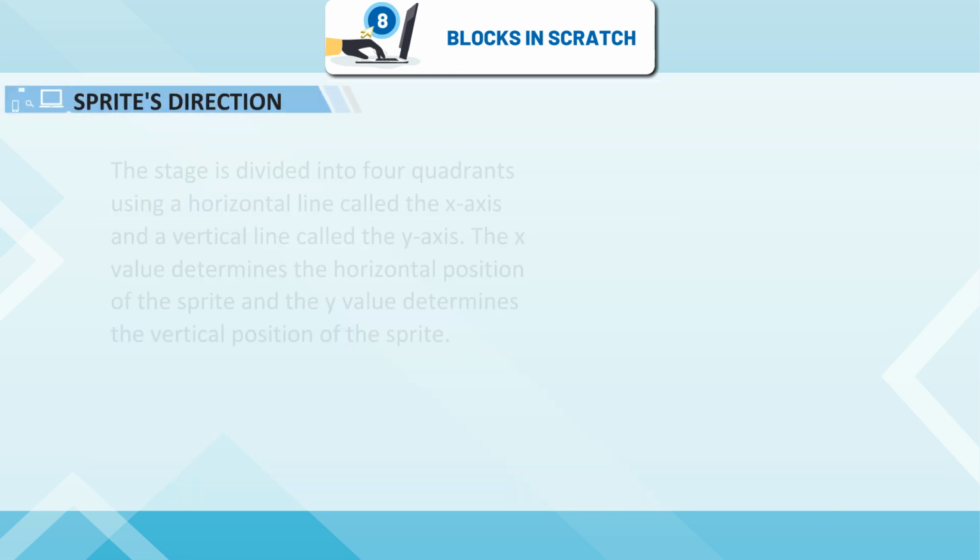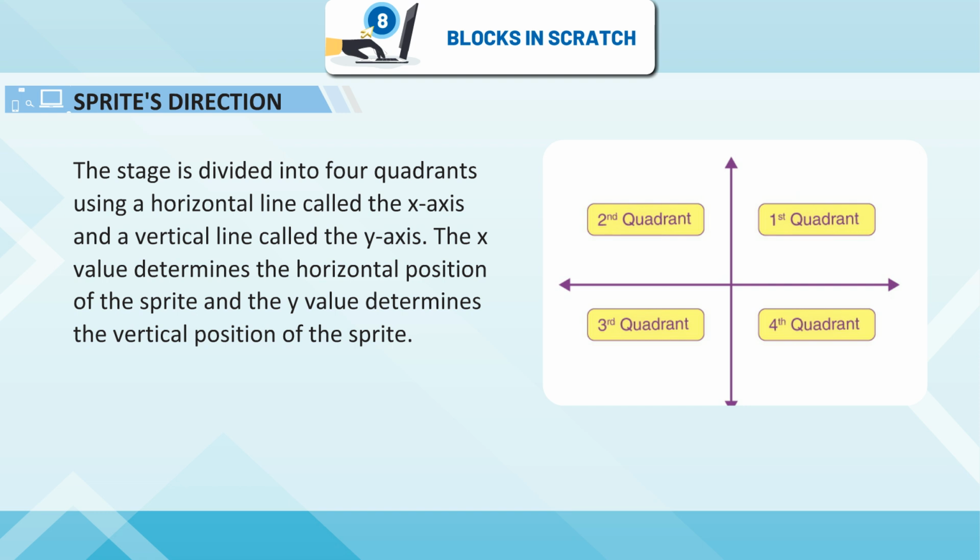Sprites direction. The stage is divided into 4 quadrants using a horizontal line called the x-axis and a vertical line called the y-axis. The x value determines the horizontal position of the sprite and the y value determines the vertical position of the sprite.